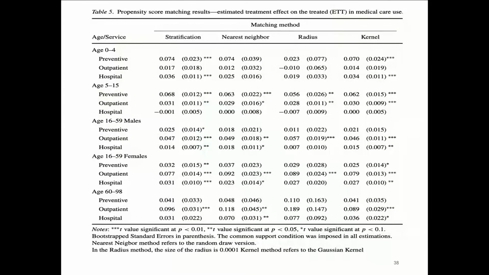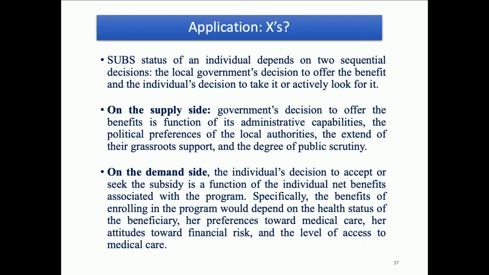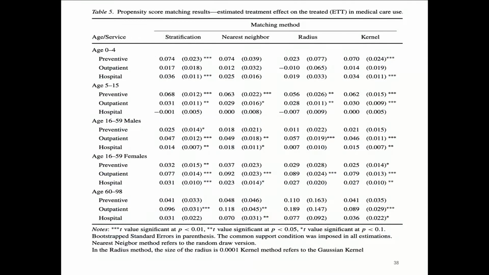For the stratification and the kernel matching methods, you can see that being a member of this group has a positive significant impact on preventive medical care, and it's around 7%, which means that individuals from poor families who are members of this subgroup will use more preventive medical care. Oops, sorry.